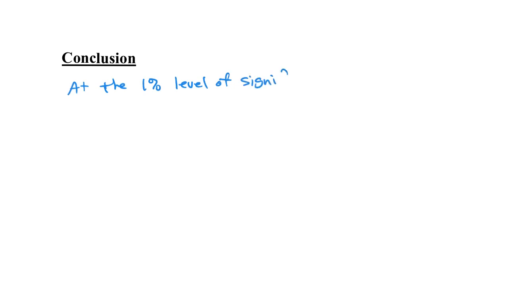So let's take a look at this one and talk about how we can say this. We could say, how we have been in the past, at the 1% level of significance, and if we use our old wording, we would say the sample data or the evidence do not suggest H1, right?